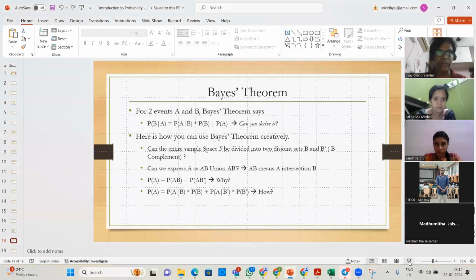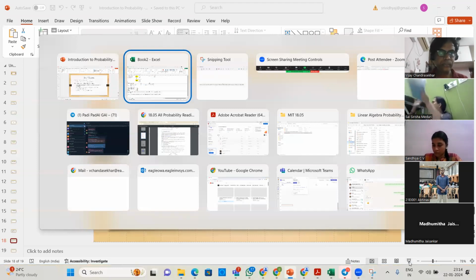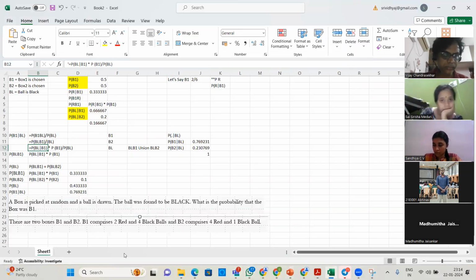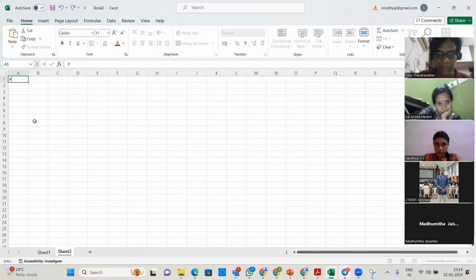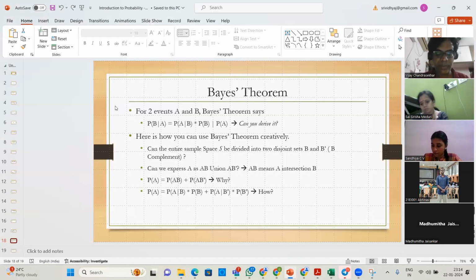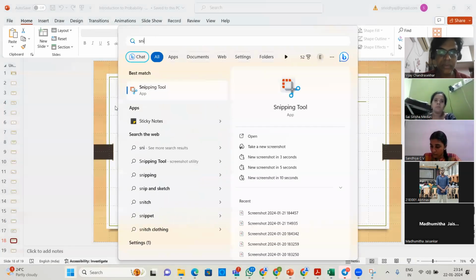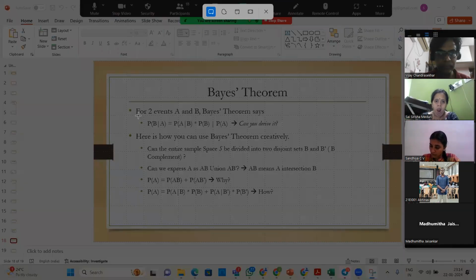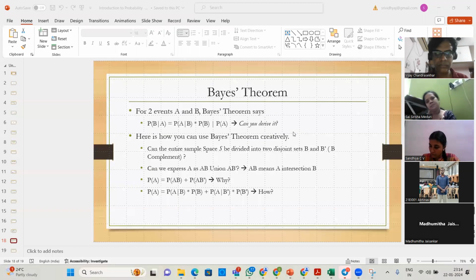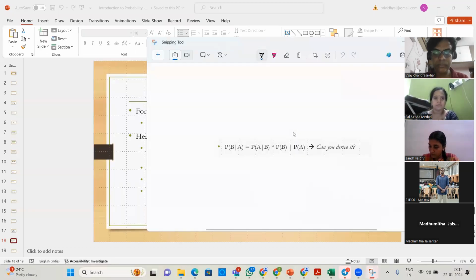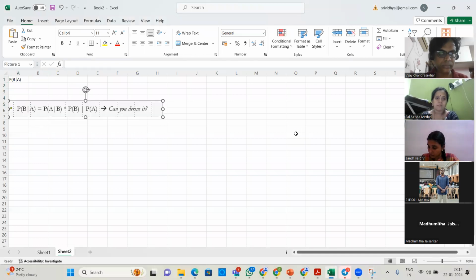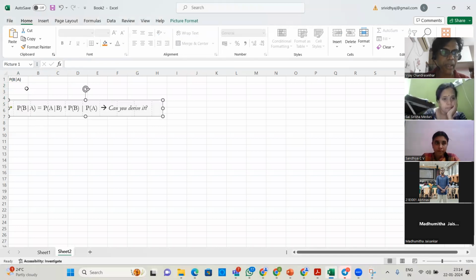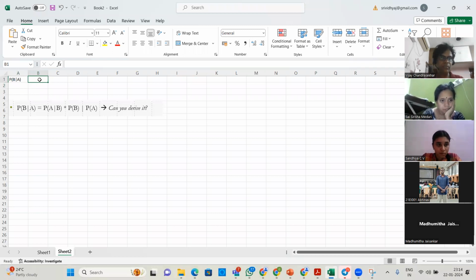Okay, let's put it again on Excel. So we need P of B given A, and this is what we need to derive. Now help me out. First step, what do we do?